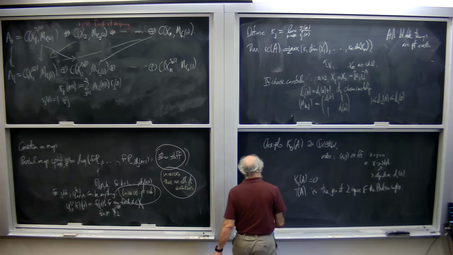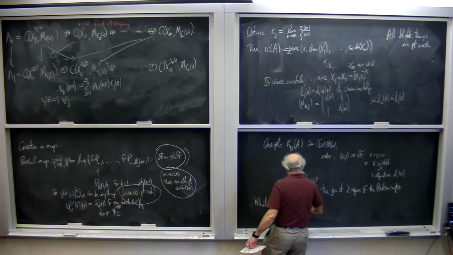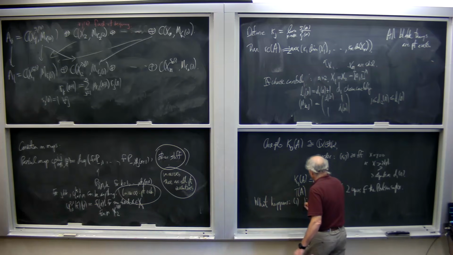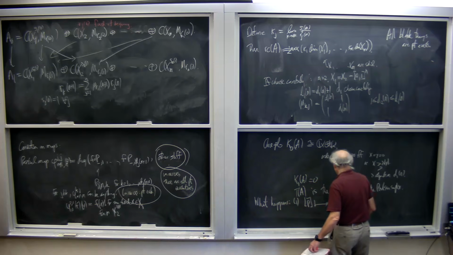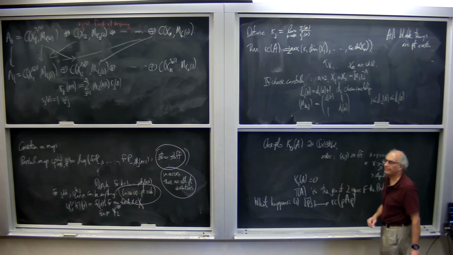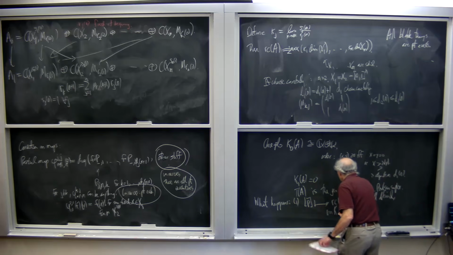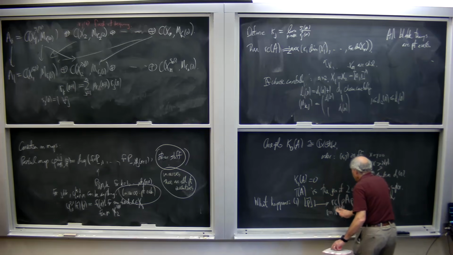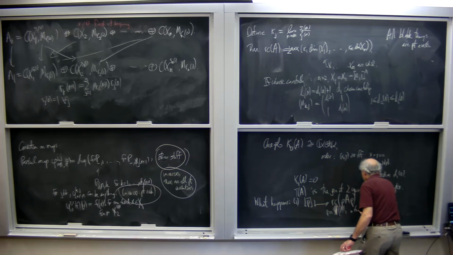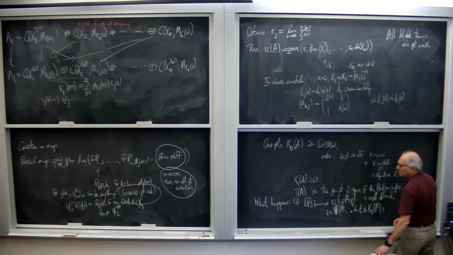Okay, so what happens? One is that sending the class of P to the radius of comparison of PAP is well defined, first of all on the Cuntz semigroup of A, but in fact on the positive part of K0 of A, because A has cancellation, because A has stable rank 1.